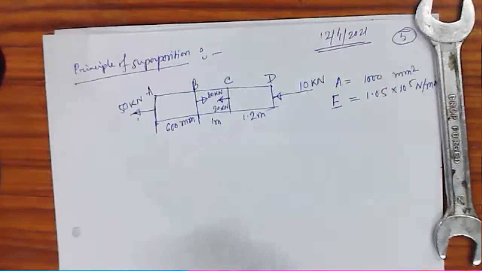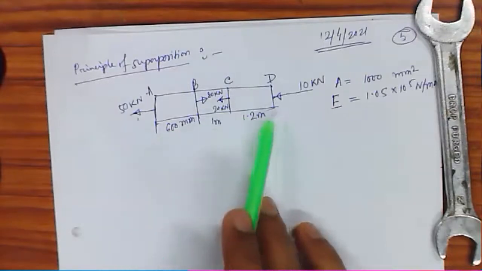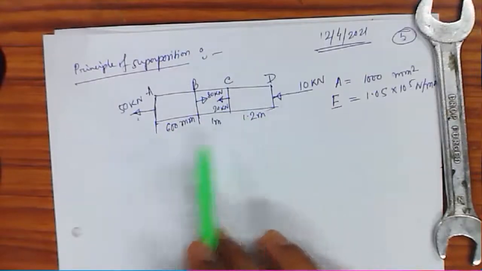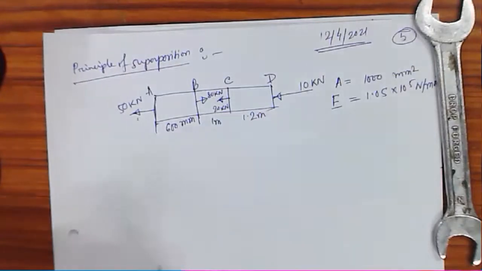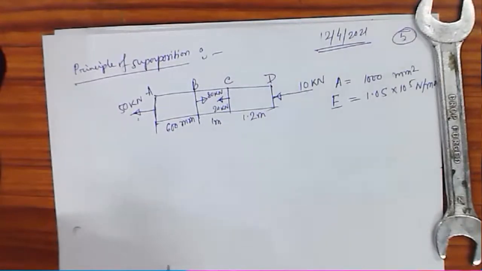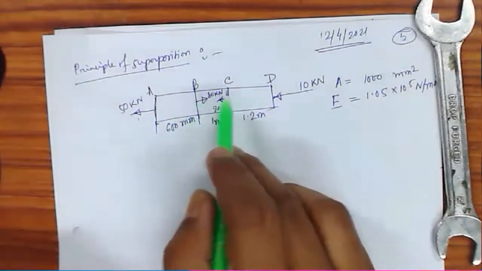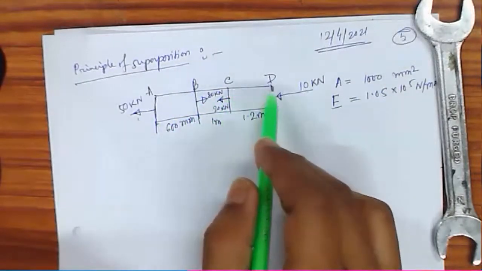Now, in this bar, there are different forces working at different regions, at different cross sections. So we have to differentiate the different parts and find the free body diagram. We have to draw the free body diagram. Looking at the figure, we can understand there are three different sections. We can name them section AB, section BC, and section CD.